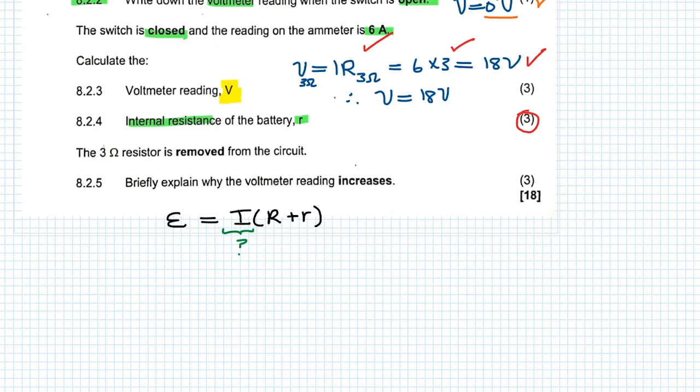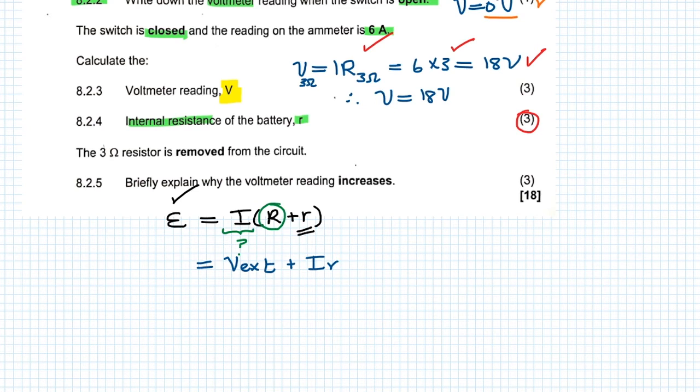The second problem that we have using this formula is that we don't know what the total resistance of the load is. We do know the EMF, and we know that we are looking for the internal resistance. So how about we start off by calculating the resistance of the load? I know that some of you may think, but why don't we just say this is equal to V external plus I multiplied by r?